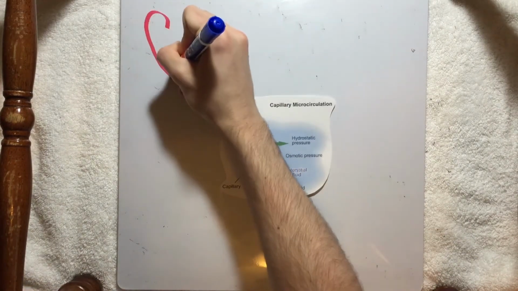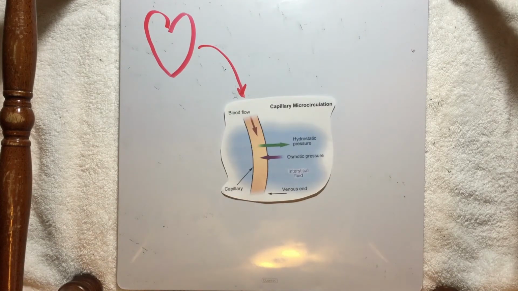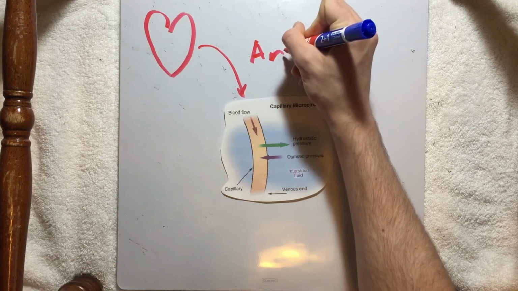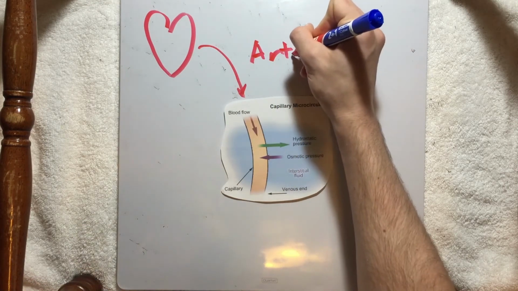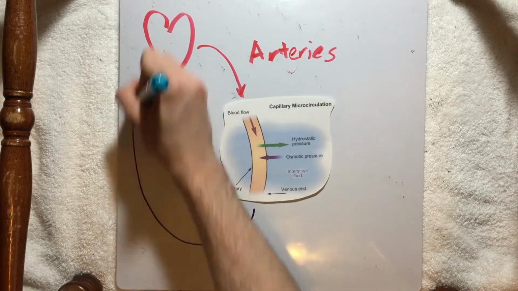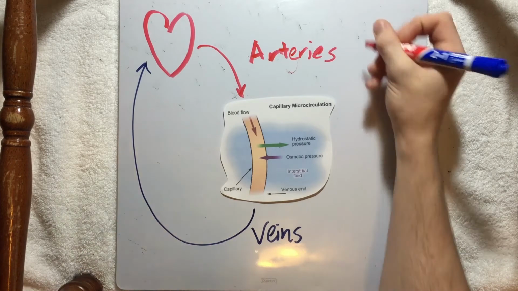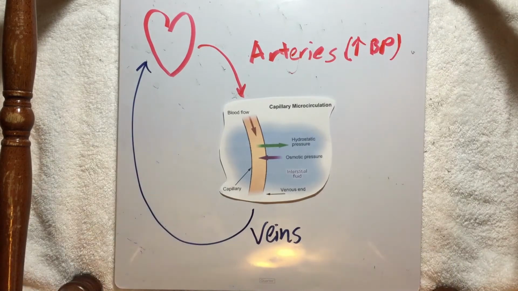This is the process about how we get our lymph from our blood plasma. So our heart pumps blood at a high pressure from our arteries, and then it re-enters our heart through our veins. Now these arteries do have high pressure, so when it hits these capillaries, which are only one cell thick, it actually forces the blood plasma through those cells, or potentially to escape the boundaries of the capillary.